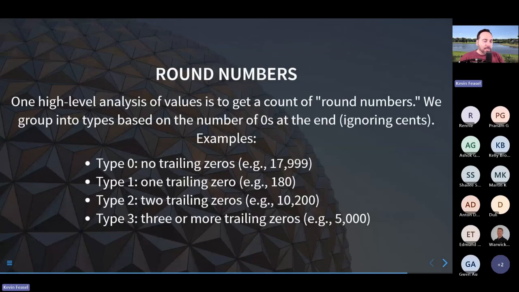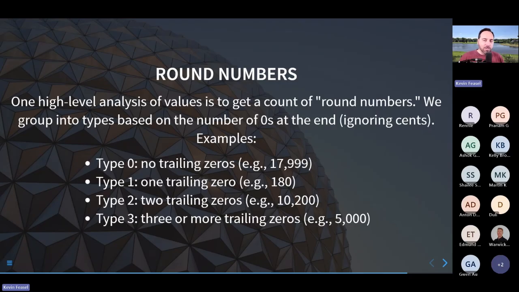But numeric analysis, a couple things. Number one is the number of round numbers. We would expect some percentage of data points to end in a certain number of round numbers. And there are different types. Like a type 0 is where you have no trailing zeros. Typically, when we look at this, we tend to ignore the pennies. If you're looking at currency amounts, you normally will skip the cents.